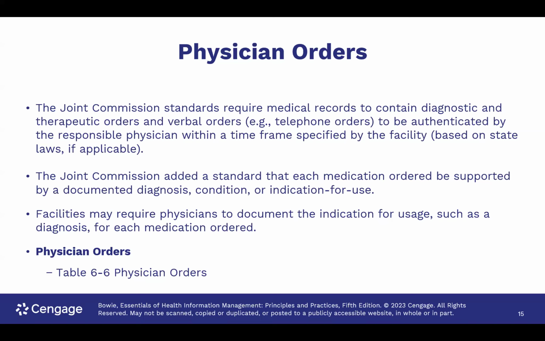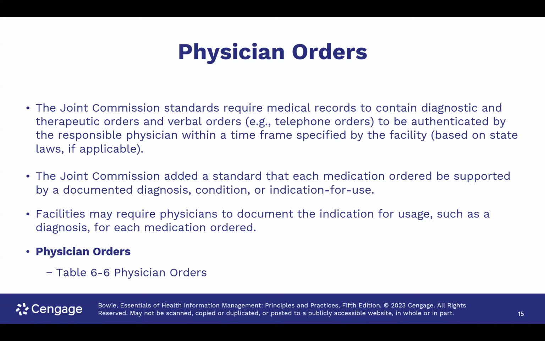And Joint Commission also addresses these orders for medications. They have to be supported by a diagnosis, condition, or an indication. So in other words, especially in the case of opioids, we need to say what the diagnosis is, right? Compound femur fracture, right?